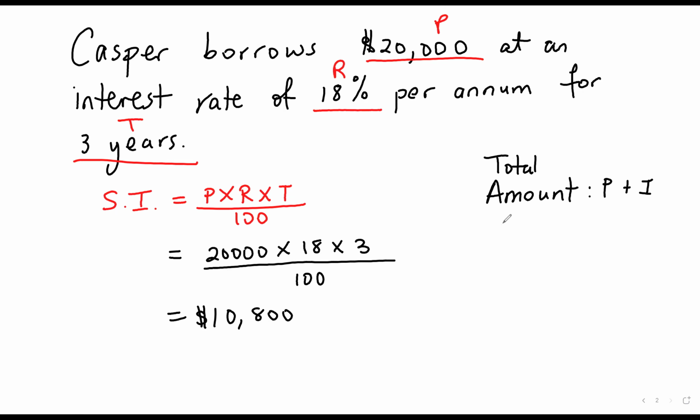So that would be 20,000 plus 10,800, which is a lot, right? So he's going to have to pay back $30,800, even though he only borrowed $20,000.